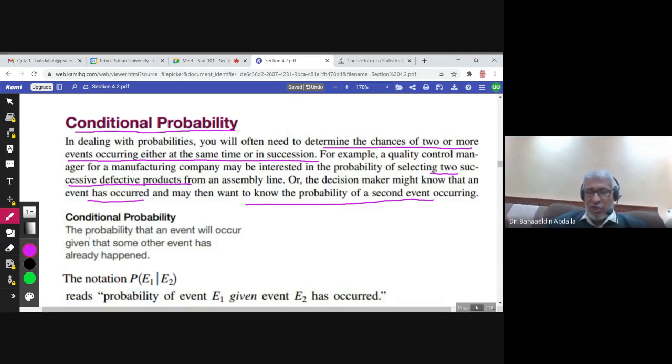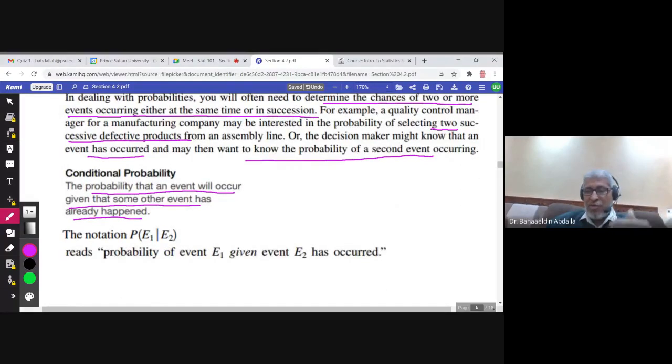So what is the conditional probability? The probability that an event will occur given that some other event has already happened. So for example, if I ask you, what is the probability that you get 20 out of 20 in the exam today?